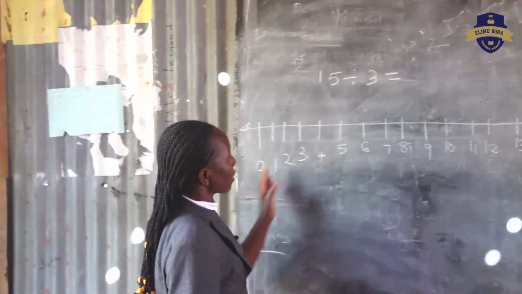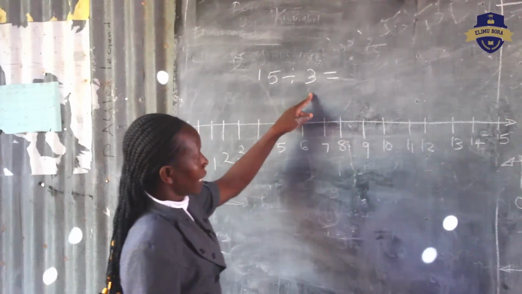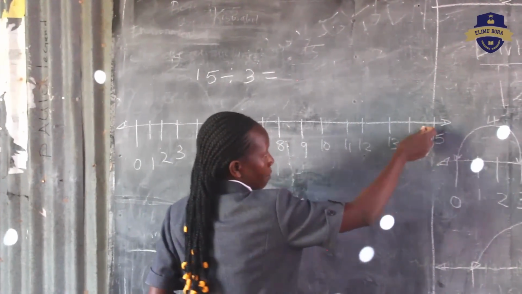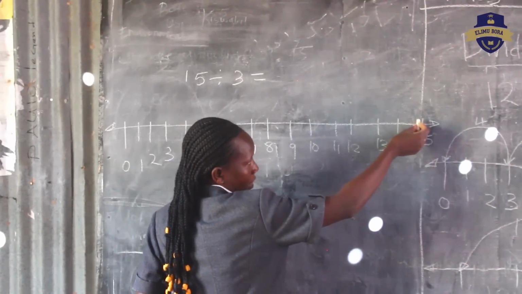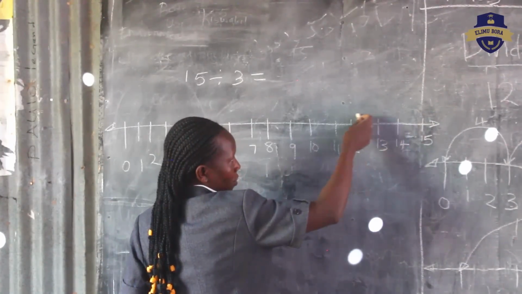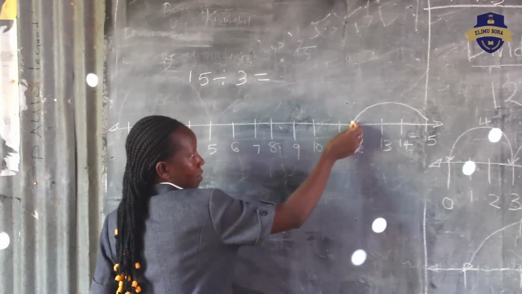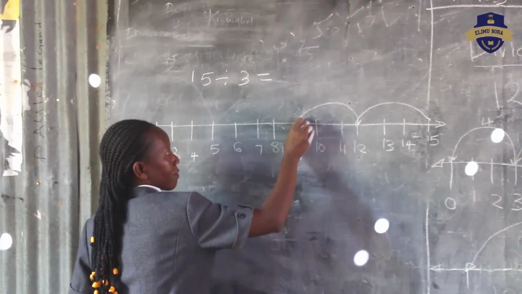And then we count backwards on the number line in threes. So we have 1, 2, 3. Another one, 1, 2, 3.